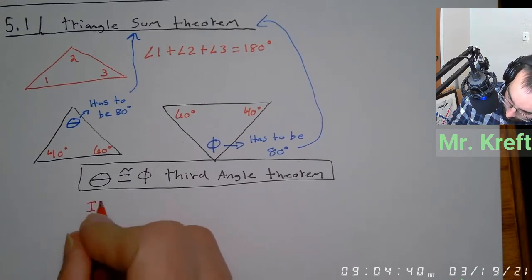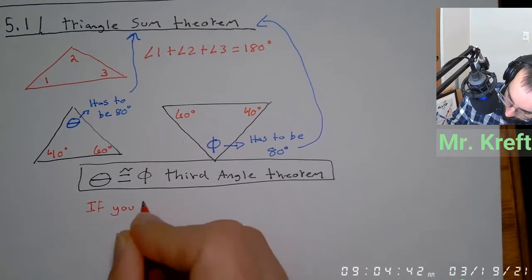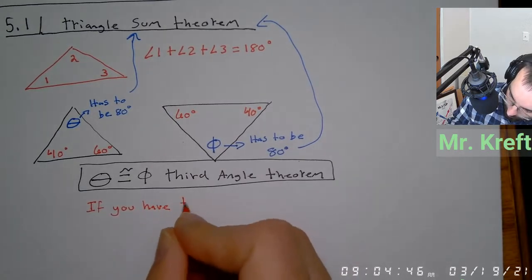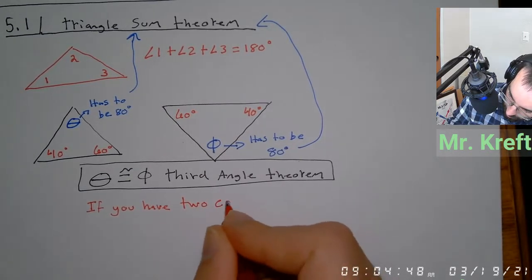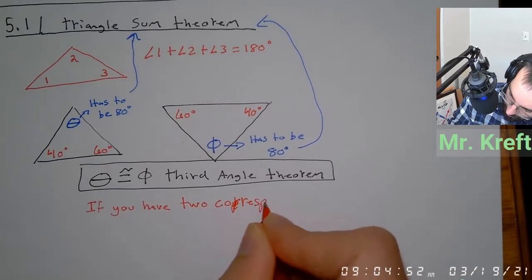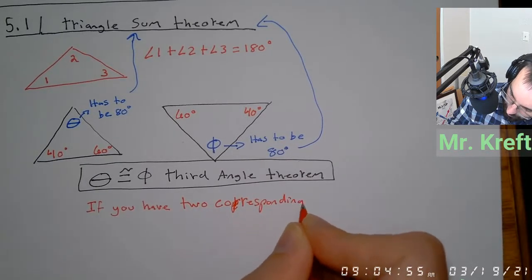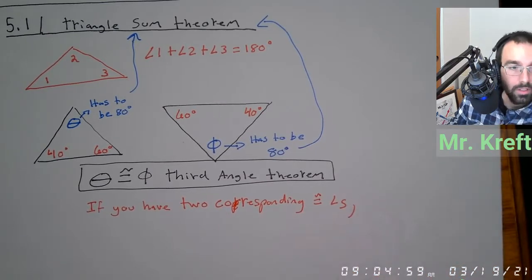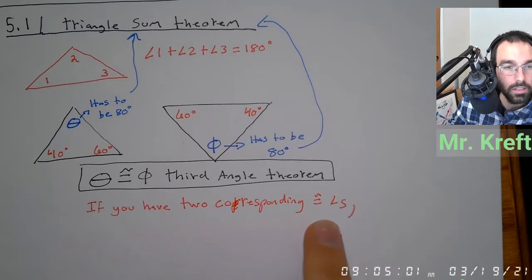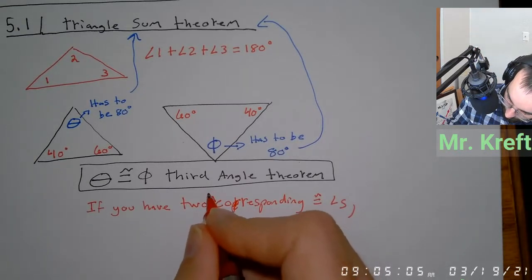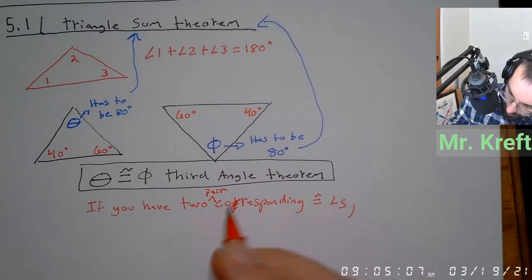So if you have two corresponding congruent angles, comma. So if you have two corresponding congruent angles, should say pair, shouldn't I? I'm going to add in pair there, right?